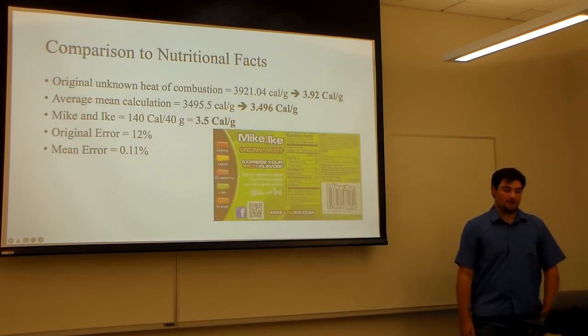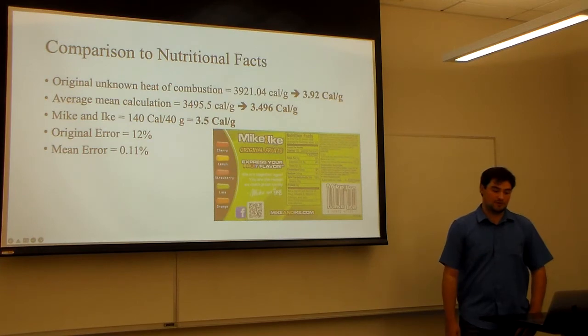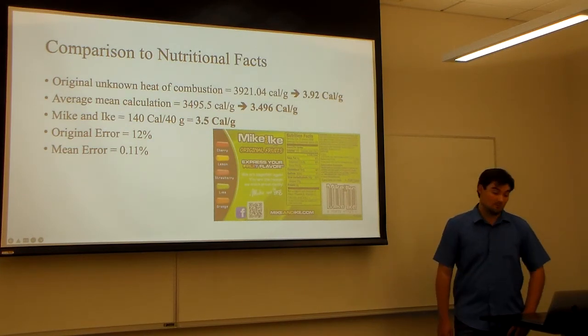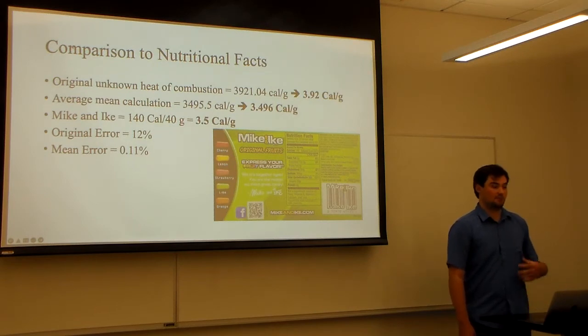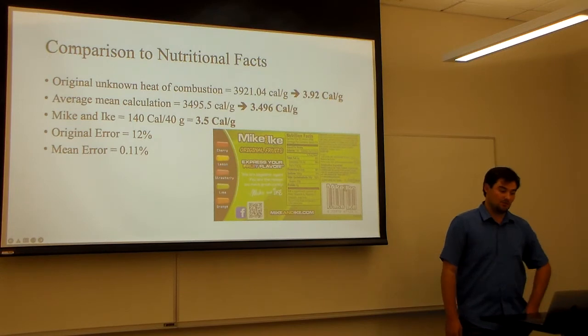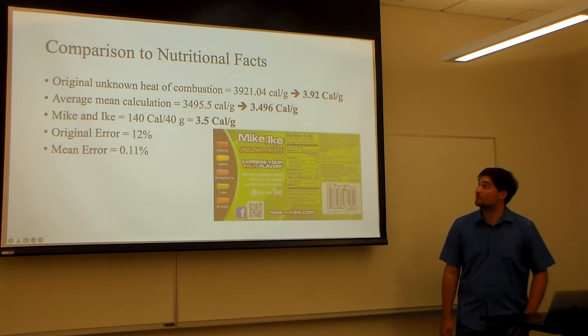So the original value that I calculated was 3.92 calories per gram for the Mike and Ike, but using that mean value that came from group 1 and group 2, I was able to get 3.496 calories per gram.